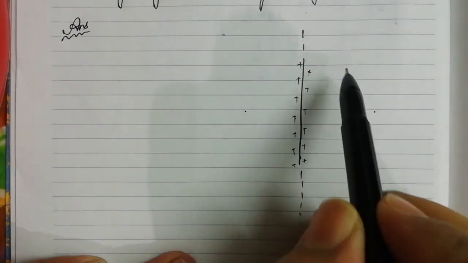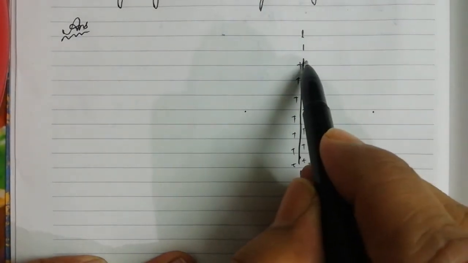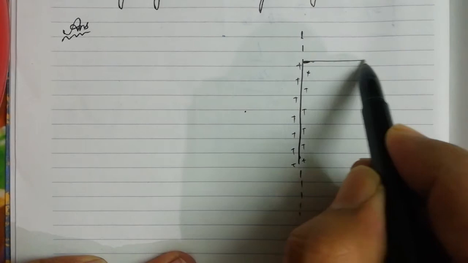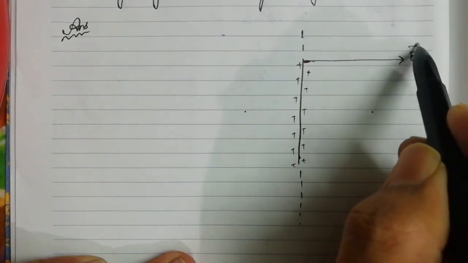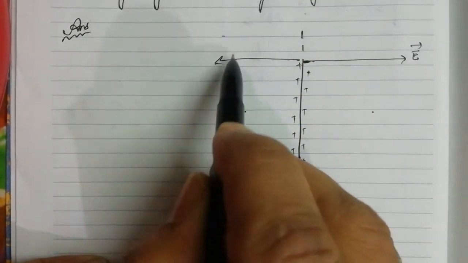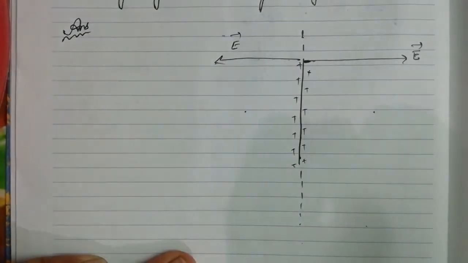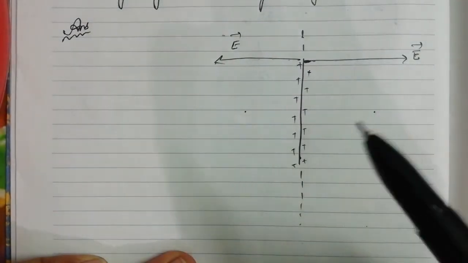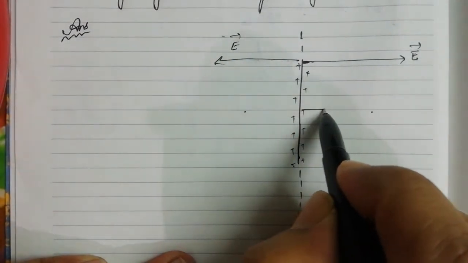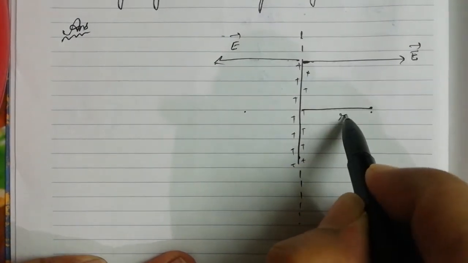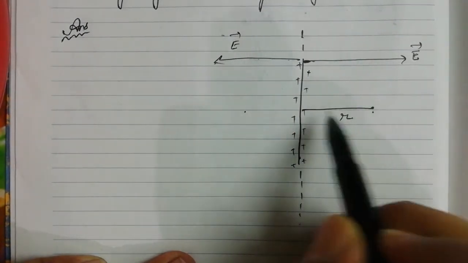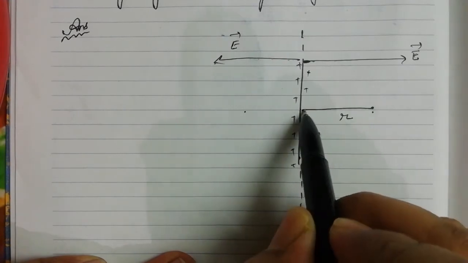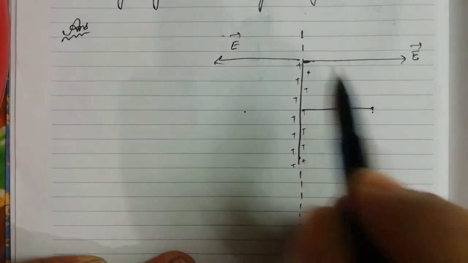Since it is positively charged, the direction of the electric field is always coming out from this, along this direction and this direction. Okay, so let us assume that there is a distance of small r from where we're going to find out the electrostatic field.